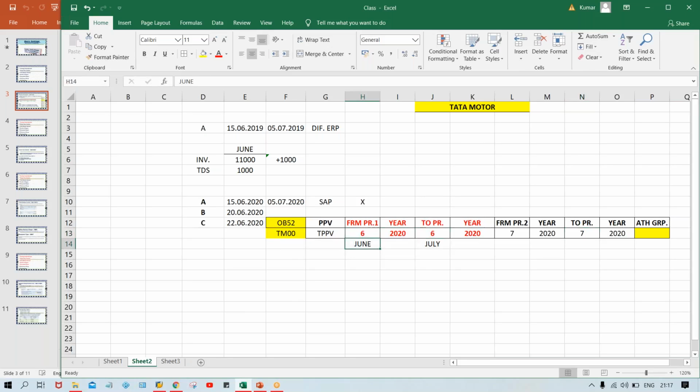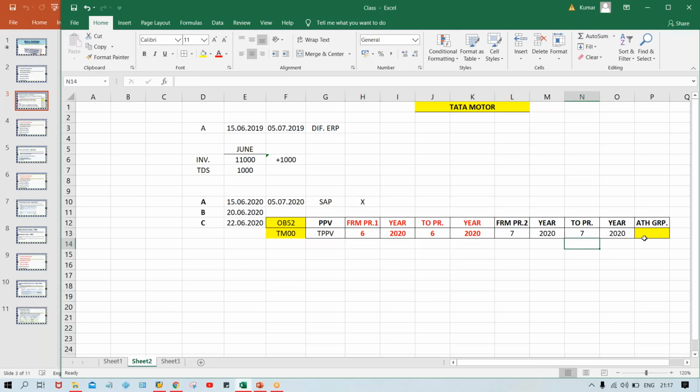So even in this way, look at here. Now the question is, what is the difference, right? In this case also, from period 1 means here the 6th period got open and here the 7th period got open, right? So instead of doing like this, even we can give here 6 to 7 also, but I'll tell you why the manager has done like this. Okay, so the manager has opened the 6th period here and the 7th period here.